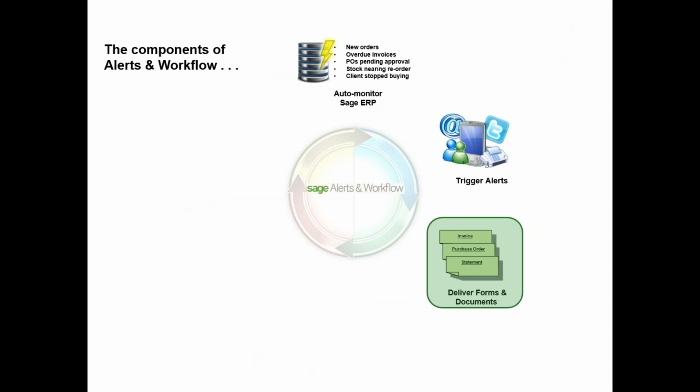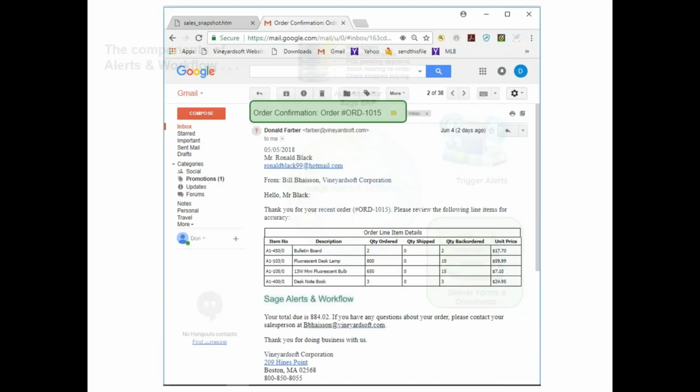Now, sometimes what you really need to send someone as an alert isn't a simple short heads up message, but rather a form or a document. One of the most common uses of alerts and workflow with Sage 100 is the automatic generation and delivery of invoices, statements, purchase orders, picking lists, dunning notices, and the like.